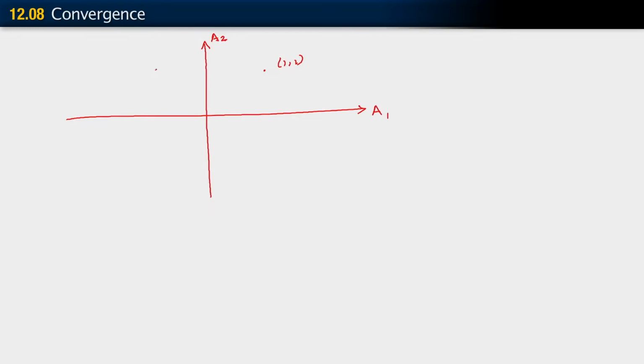This point here is -1, 1. And this point here is 0, 1. What we did last time was observe that our stability condition gives us this sort of triangular region.